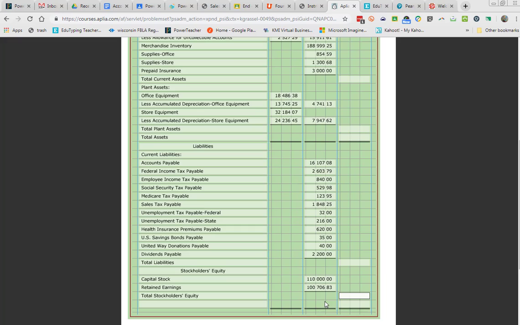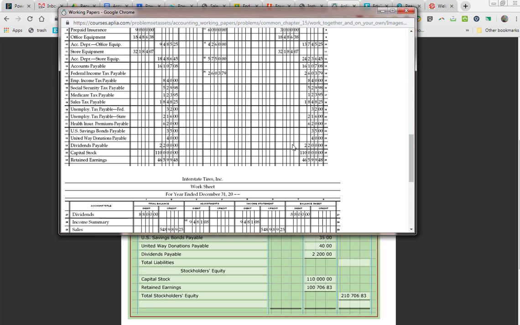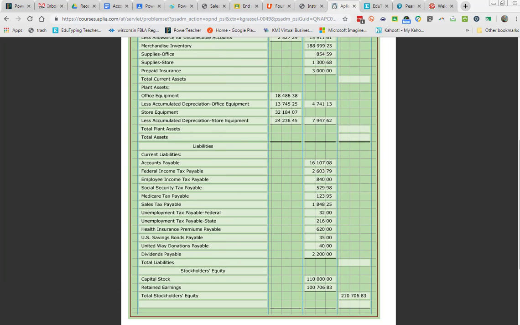My total stockholders' equity is $210,706.83 because it is right from your statement of stockholders' equity. It's already added up for you. If you try to use your numbers from your balance sheet, it won't come out because you don't have any of your net income put into there. So again, for stockholders' equity, you have to move to your other statement.